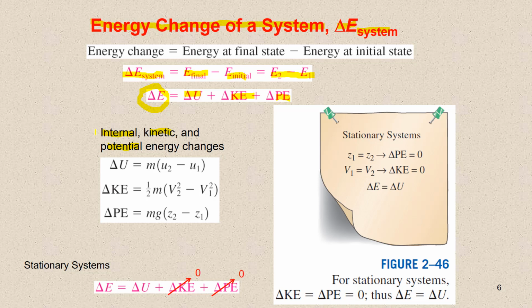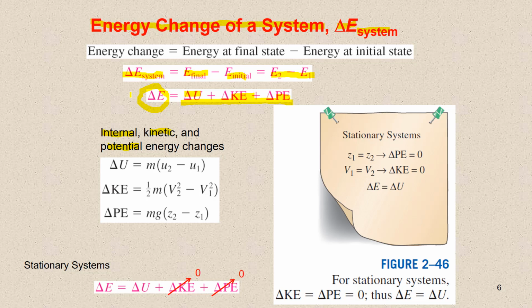the change in the total energy of a system during a process is the sum of the changes in its internal, kinetic and potential energies and can be expressed as delta capital E equals delta capital U, that is the internal energy portion, plus delta KE, that is the change in kinetic energy, plus delta PE, that is the change in total potential energy.